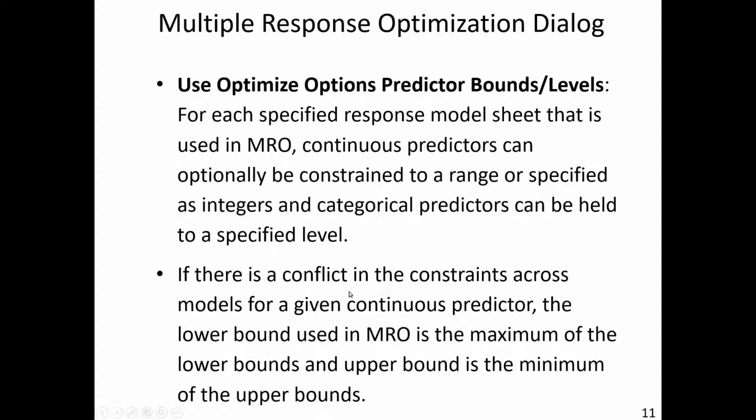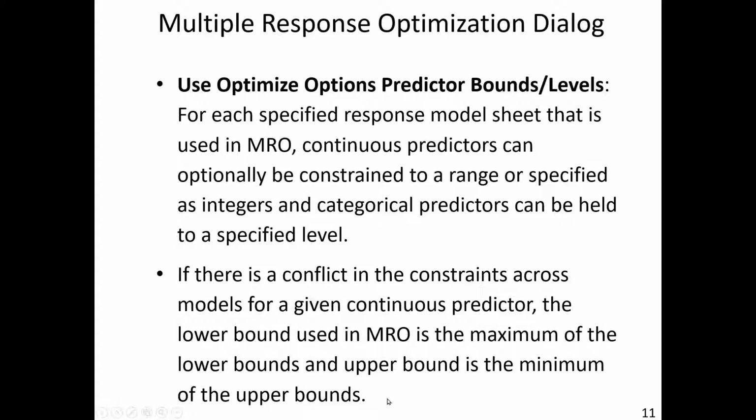Now, because you're actually modifying the individual models, what we do is if there's a conflict in the constraints, the lower bound used in MRO is the maximum of the lower bounds, and the upper bound is the minimum of the upper bounds.